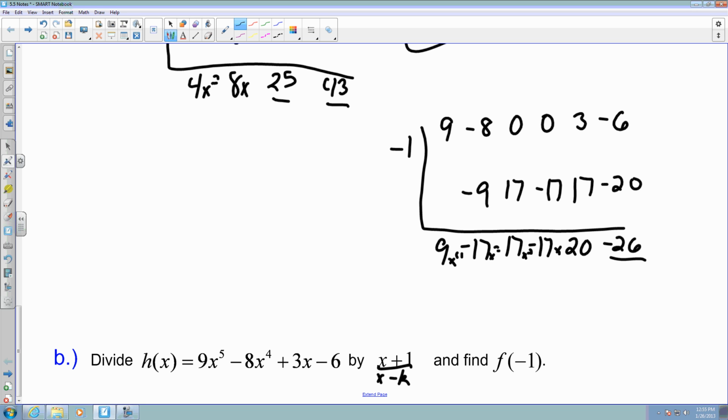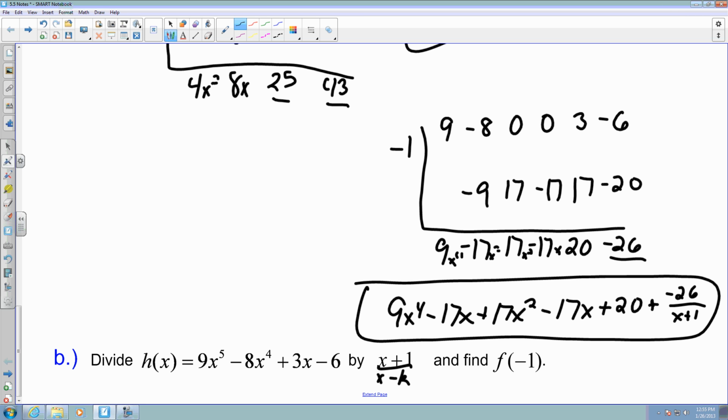So we write this out as 9x to the 4th minus 17x cubed plus 17x squared minus 17x plus 20 plus negative 26 over x plus 1. There you go.